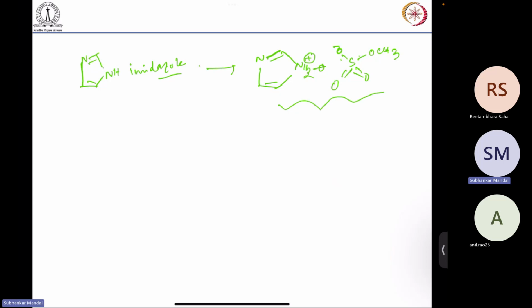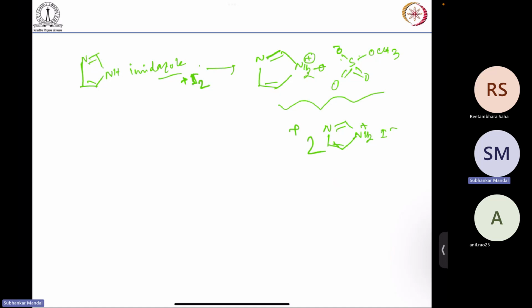This kind of complex forms, and the other two imidazole, because iodine is there, will be minus. So here I can write iodine, 2 iodine, so this will be 2. Okay, this is quite simple.